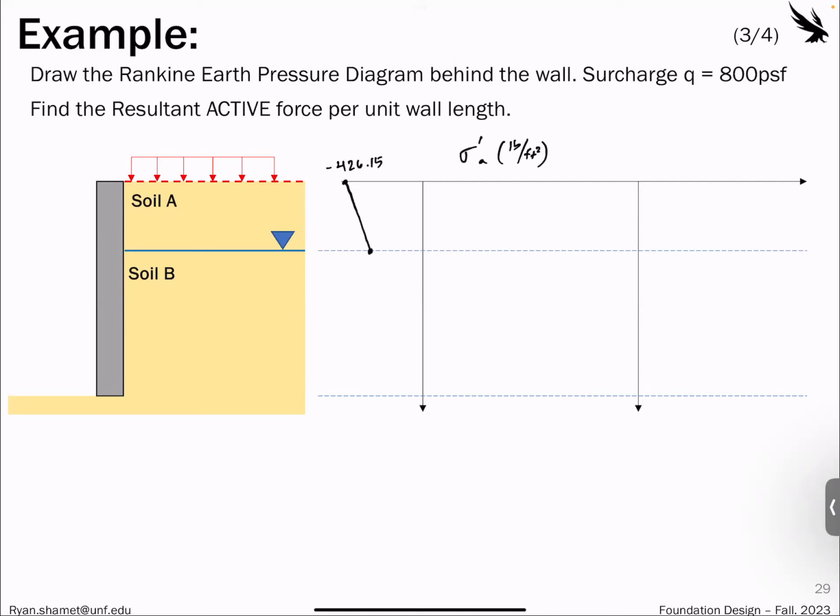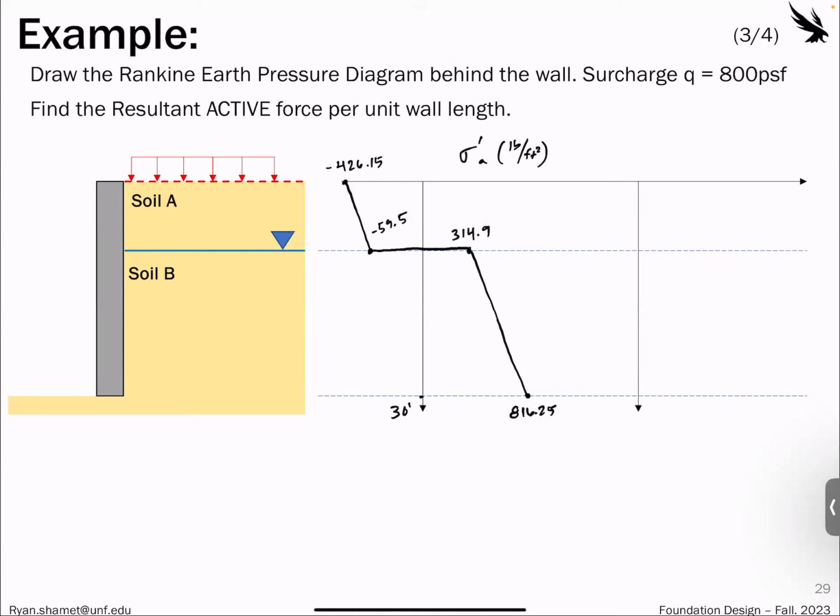This is not trying to scale at all, but we go to negative 59.5, and then at that transition we go to the positive of 314.9, and then down to 816.25. And this is at the depth of 30 feet.